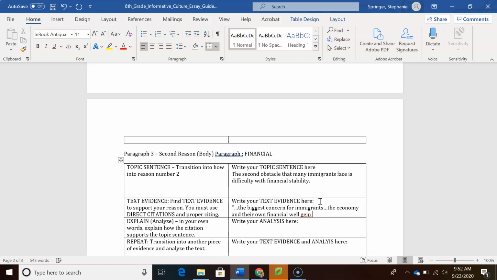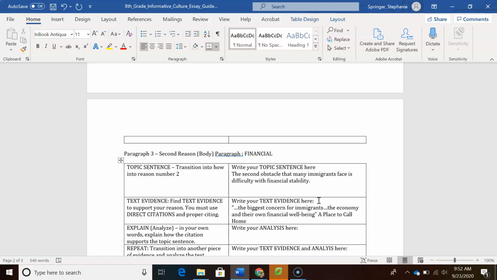I'm going to make myself a note that this is from A Place to Call Home. And this actually has 2 authors because it is a research study, and our authors are Beidel and Rochkind.